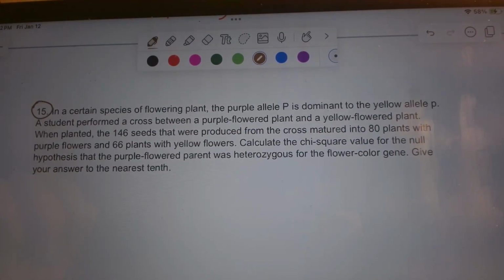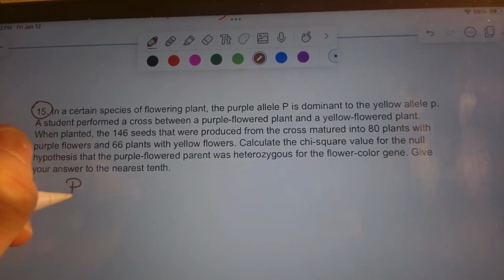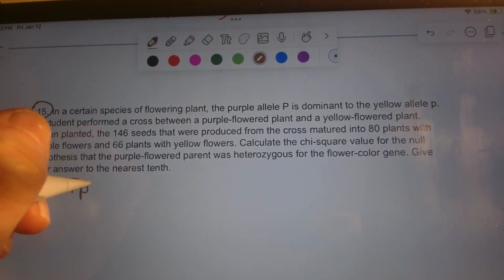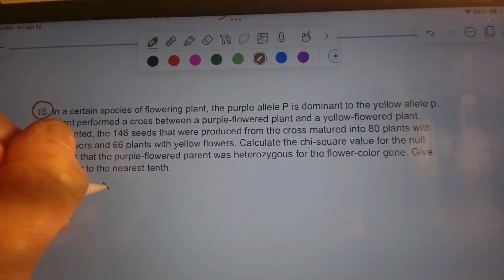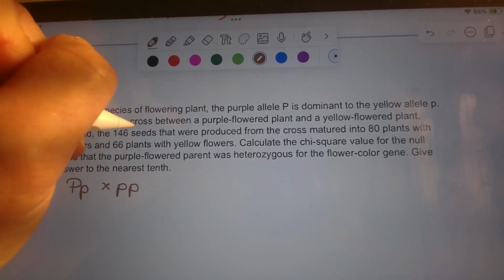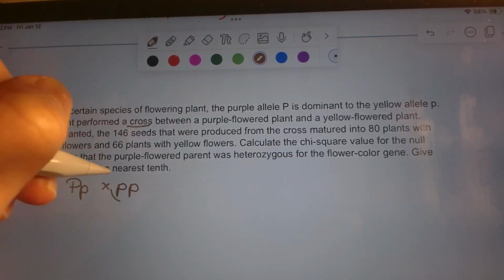So, the purple flower was this, and the other one was lowercase p, lowercase p. So how do we know that it's a lowercase?